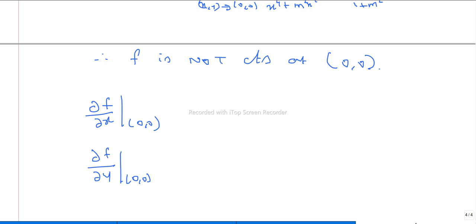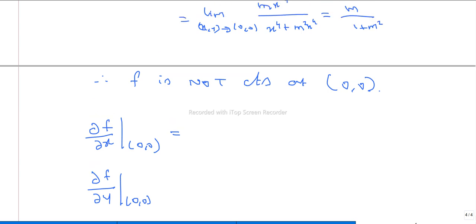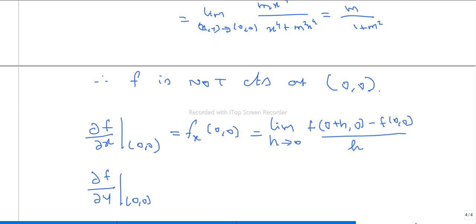If you find this, actually this is fx at the point (0, 0), treating y as a constant. This is nothing but the limit as h goes to 0 of f(0 plus h, 0) minus f(0, 0) by h. These are the first partial derivatives at the point (0, 0).